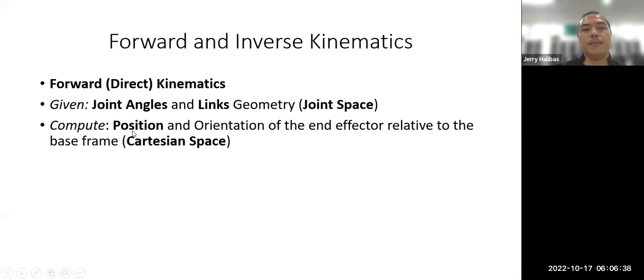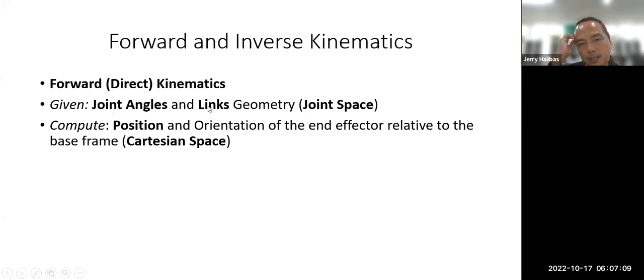What you compute is the position and orientation of the end effector, the gripper, relative to our reference frame, which is the base frame. This is in Cartesian space. The joint angles are theta 1, theta 2, or J1, J2.